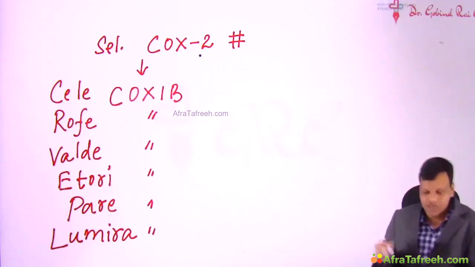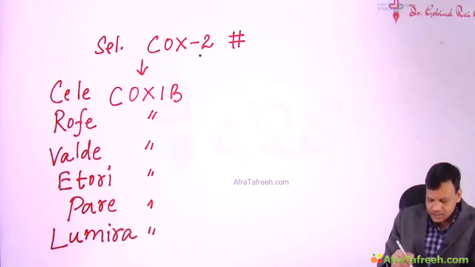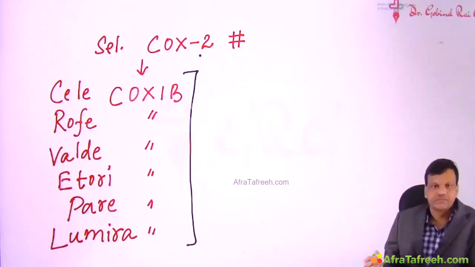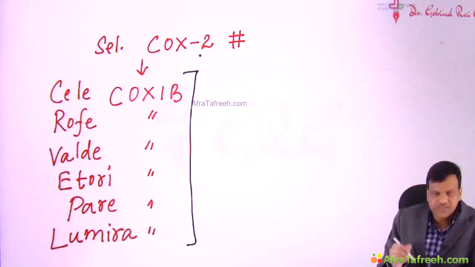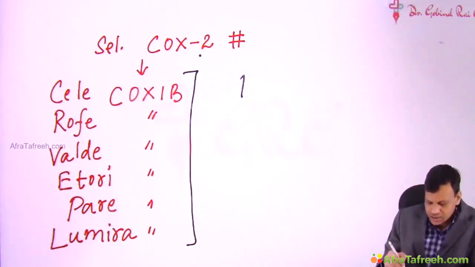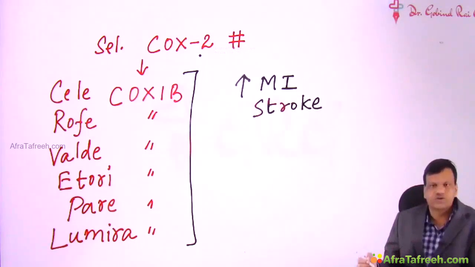The advantage of coxibs over non-selective drugs is that they have a lesser risk of GIT toxicity, but they have an even bigger disadvantage. They increase the risk of myocardial infarction and stroke. They increase the risk of thrombotic disorders.